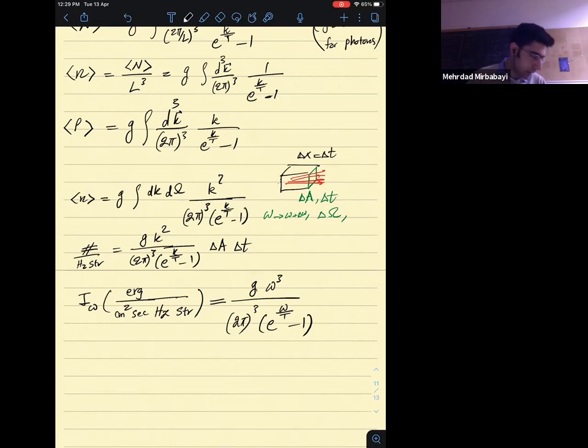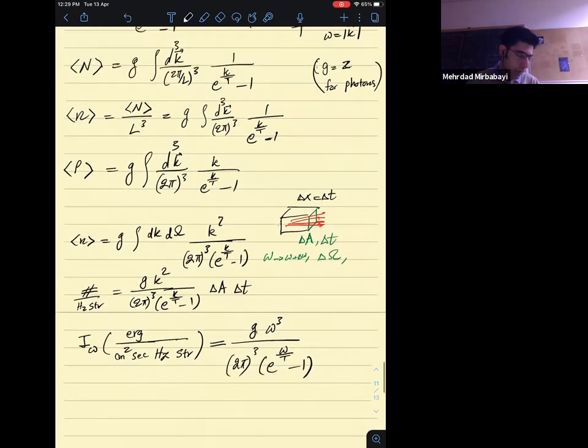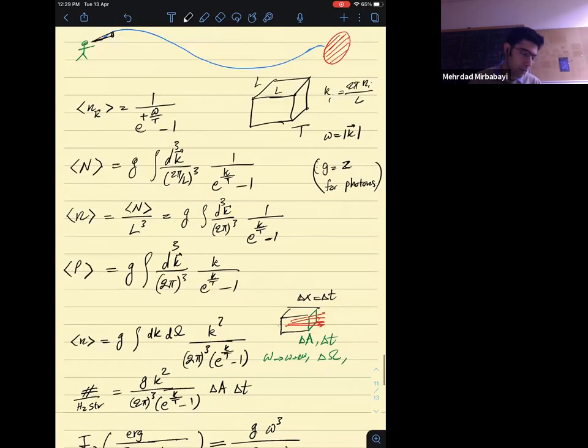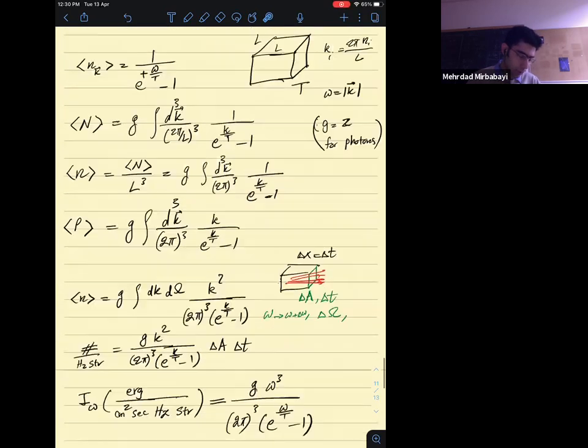Okay, so maybe we can continue this discussion later. The statement is that if I look through this narrow cone and I see some object that is sending blackbody radiation, this is exactly the kind of question that we would ask.